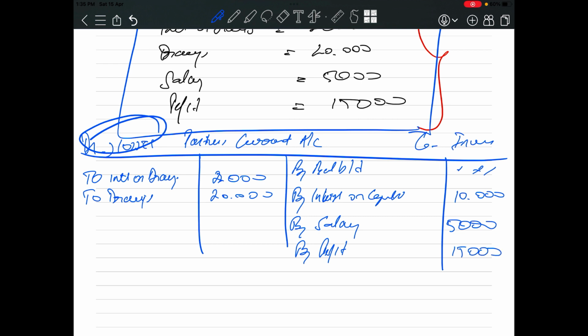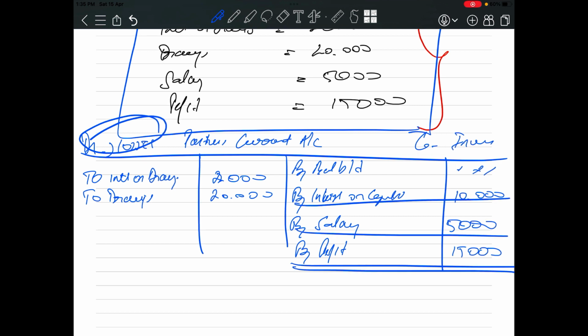Now what do we mean by increase? If we write all these gains of the partner in the credit side, his balance will increase. Eventually we'll make the payment according to the figures provided in the P&L, partner's current account.